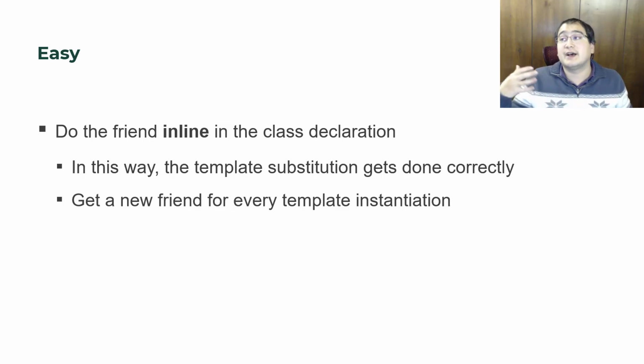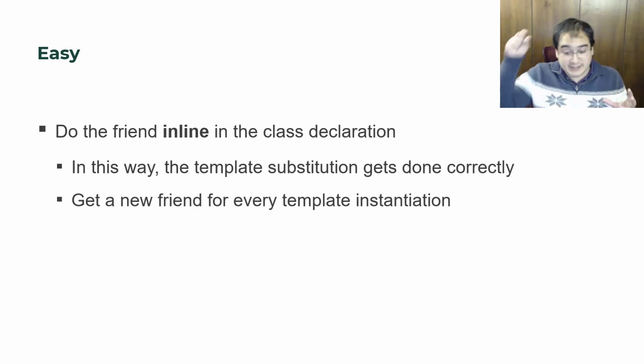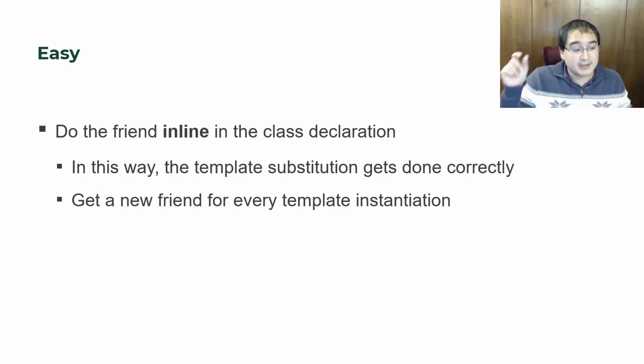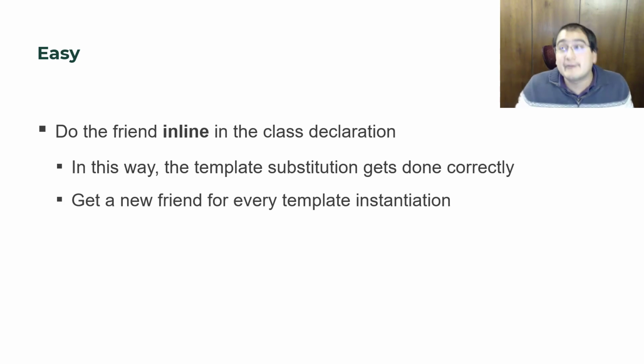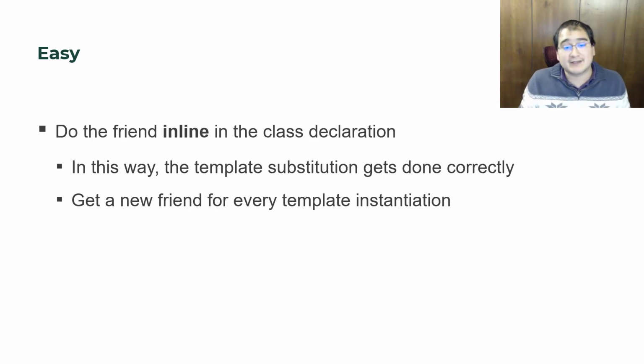You can just use the type name specifier as if it was a normal type. And the nice thing about this is by declaring and defining your friend function inside of the class definition, between the curly brackets for the class, every time you make an instance of the templated class, every time you make a stack of char or a stack of long, you'll also get a friend function for that particular class.